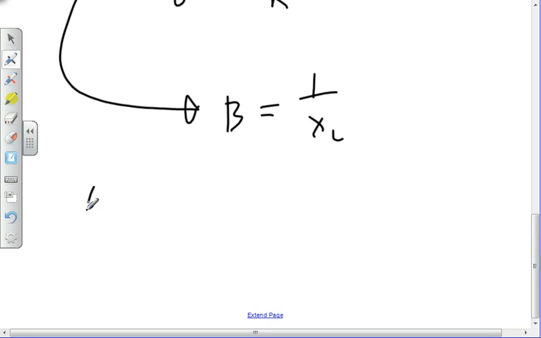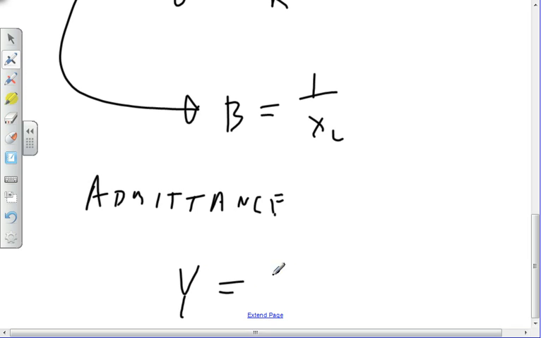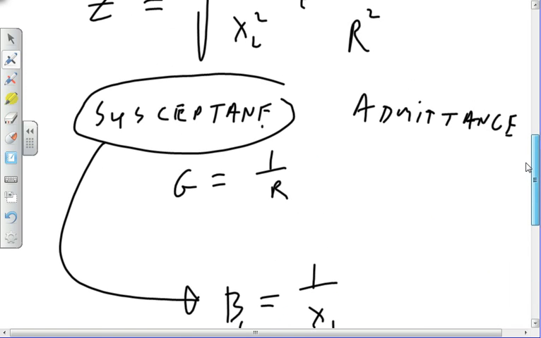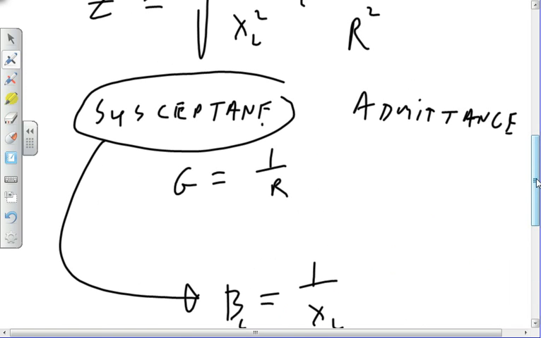And my admittance Y is going to be the square root of BL squared plus G squared. Again, those particular terms, admittance and susceptance, and calculations of them, I've never used on any test in my entire life, including grad school. So you have days like that.